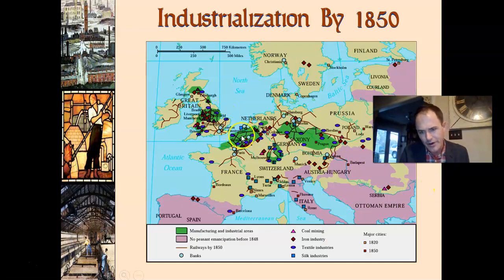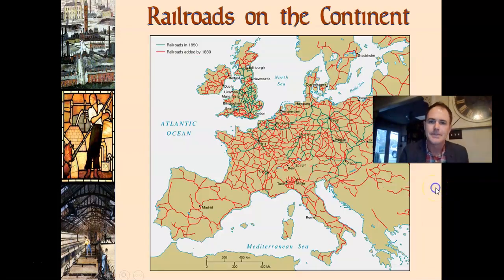See this sort of arc across northern and Western Europe of these industrial areas. But look at all these other areas that are not industrialized, and these are still peasants. These are still small villages. And just look at this growth of railroads in 1850, represented by green, and just 30 years later, a dramatic increase.